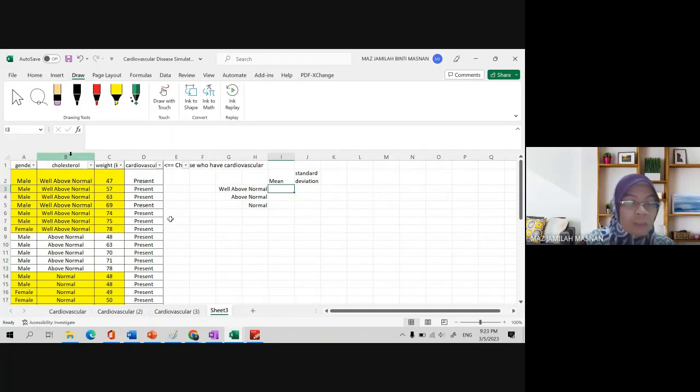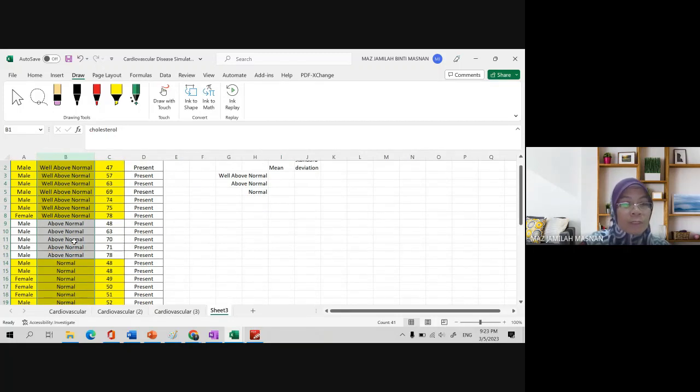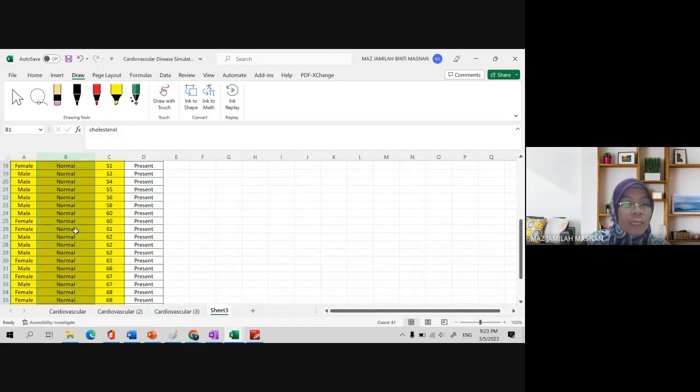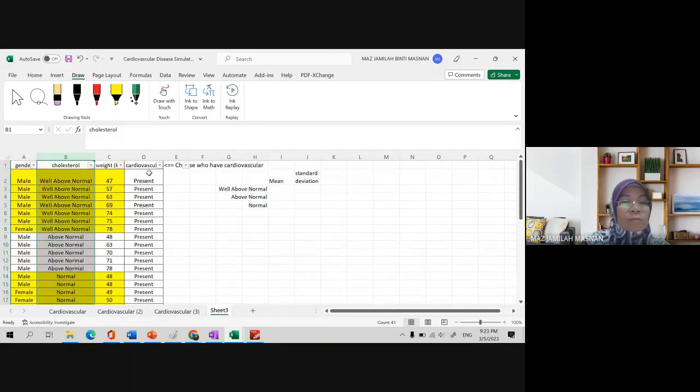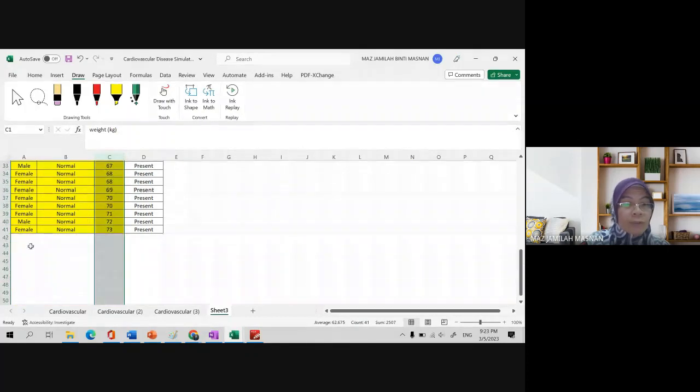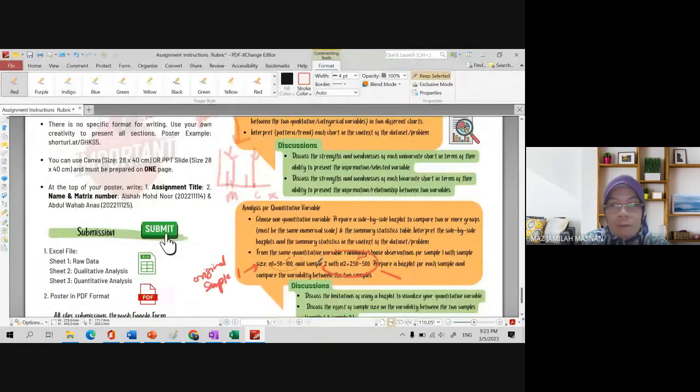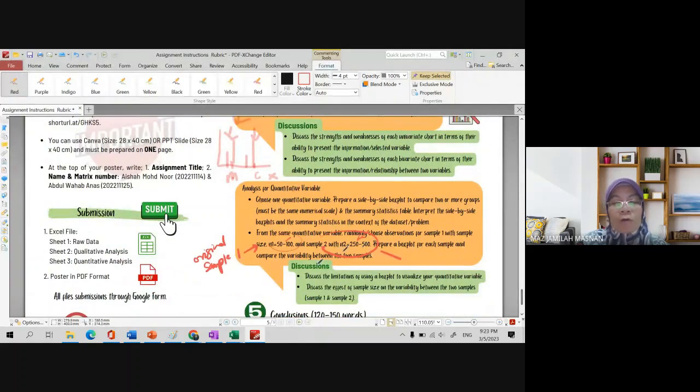My chosen variable is cholesterol group, and I put them into well above, above normal and normal, and I choose those who got cardiovascular problem only. I wanted to simulate additional data so that my total number of data is 100 for sample 1, and for sample 2, let's say I choose 50 for sample 1 and 250, if I'm not mistaken just now. Yeah, 250 for the second sample.